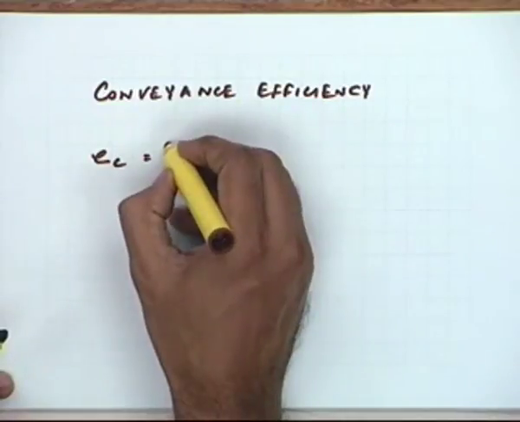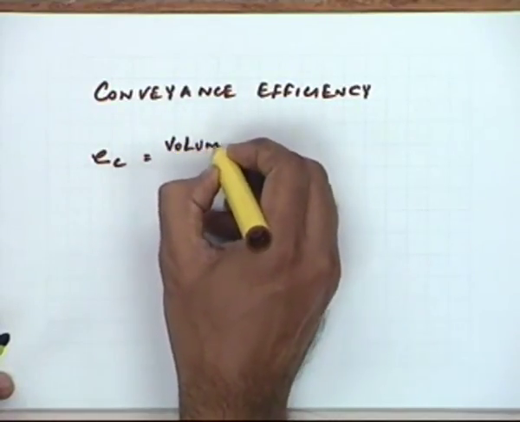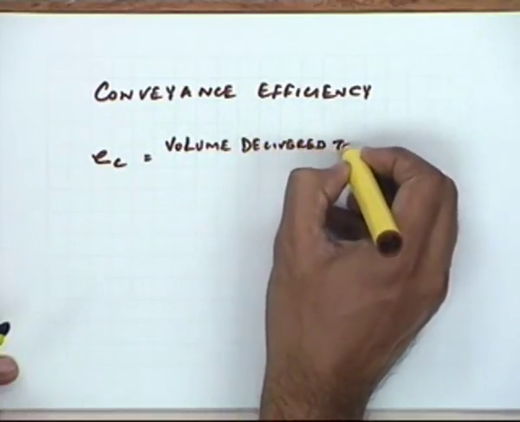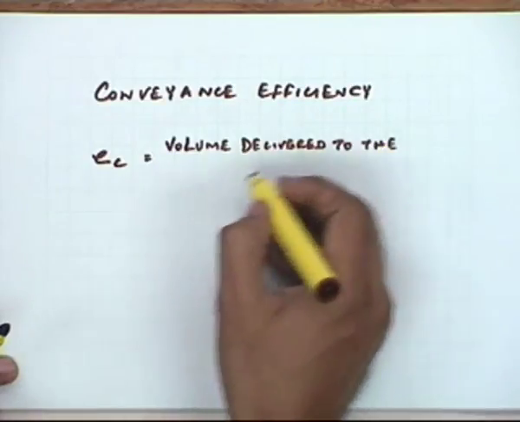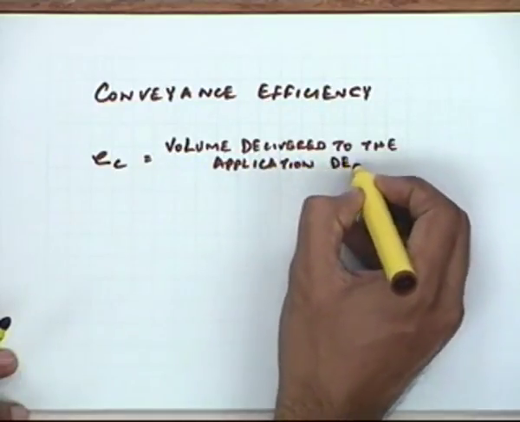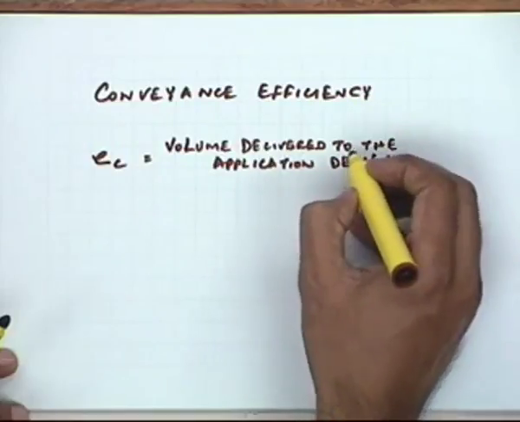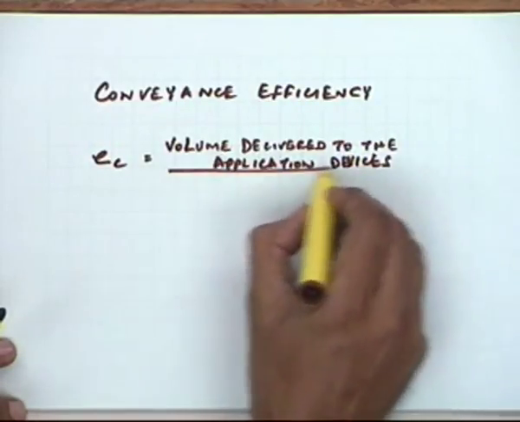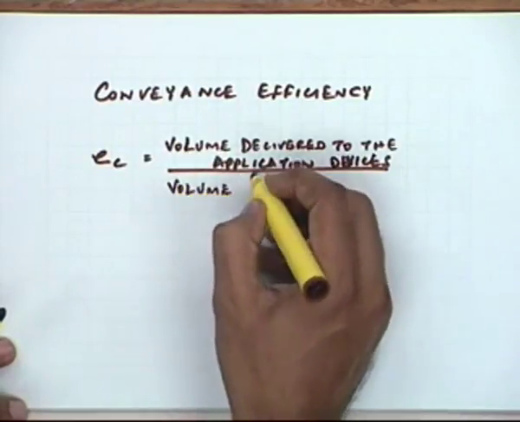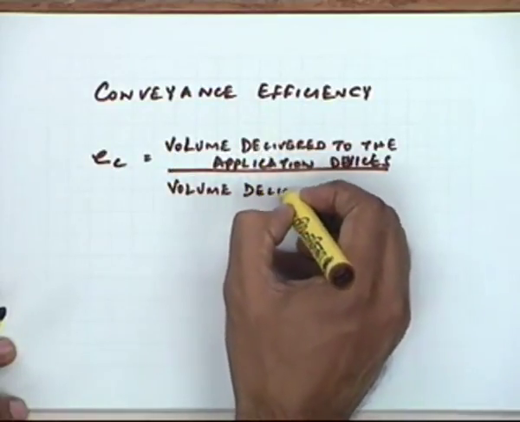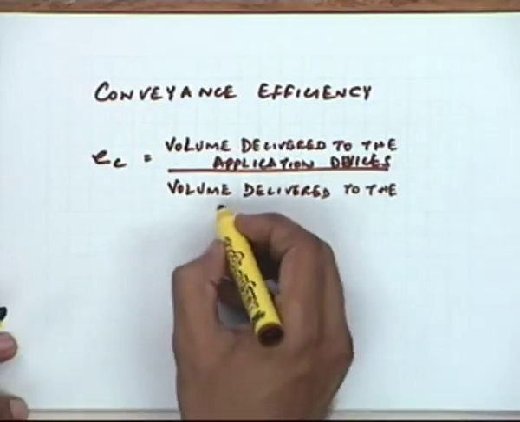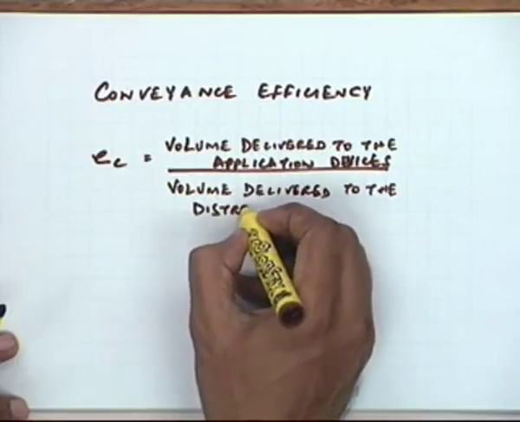This is defined as the volume delivered to the application devices by the volume delivered to the distribution system.